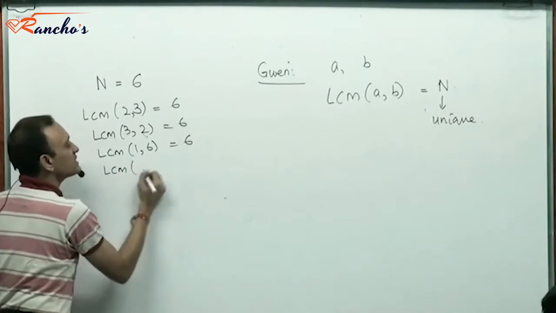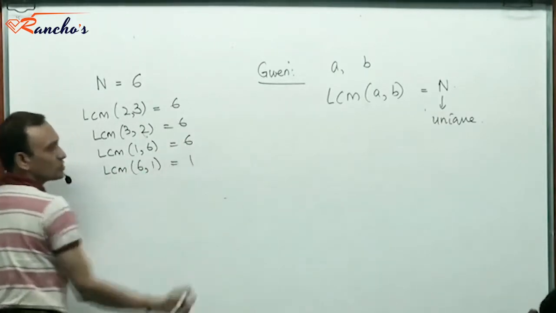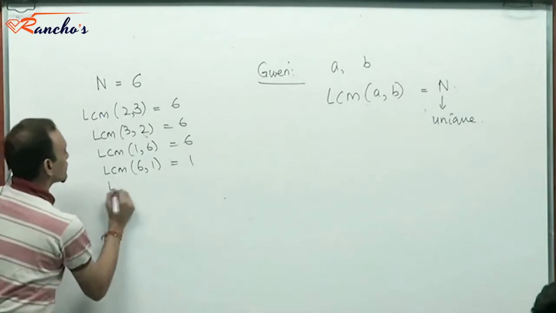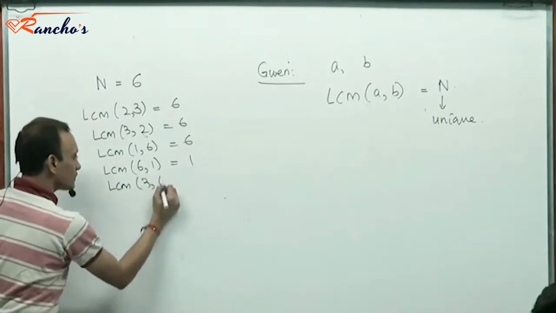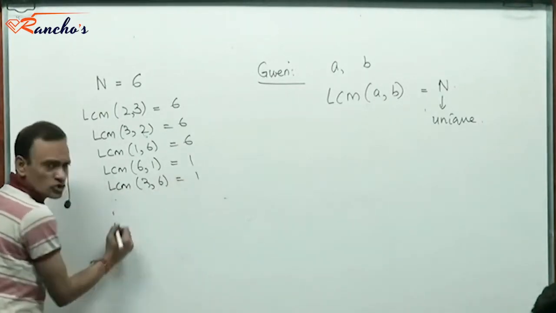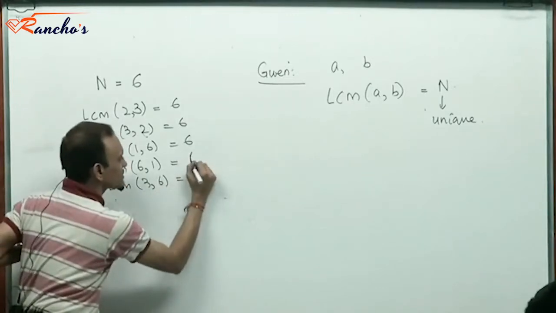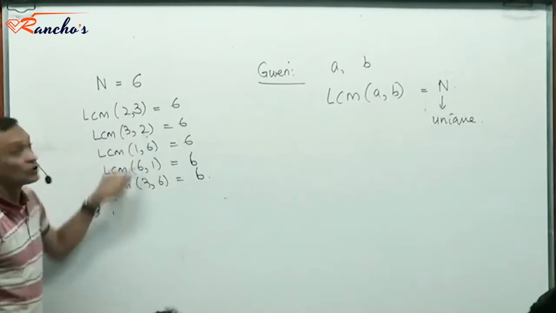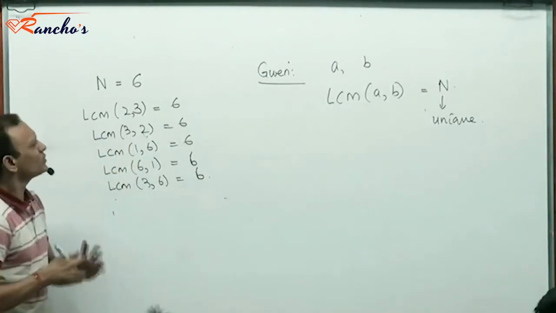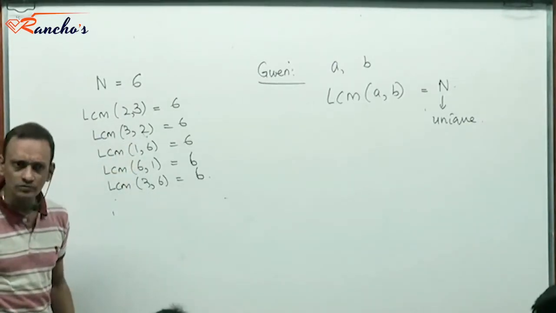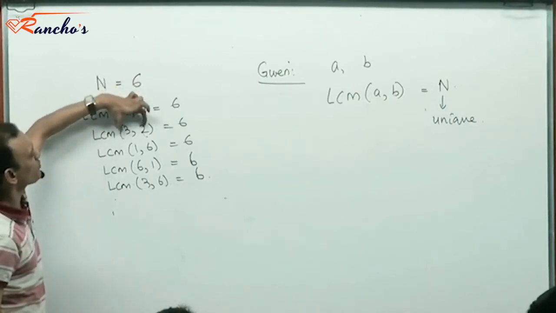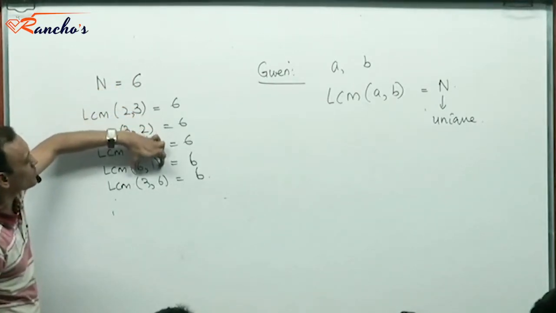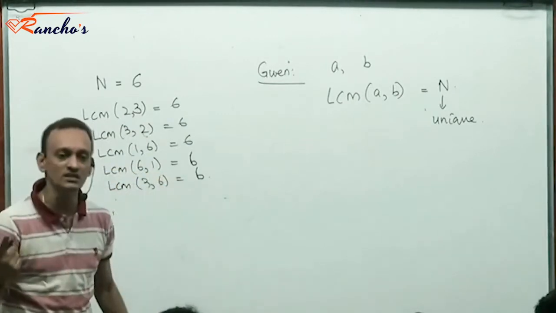LCM of 6 and 1 is 6. LCM of 3 and 6 is 6, and so on. So the pair a, b is not unique. And to begin with, when we carry out this count, we will look upon 2, 3 as different from 3, 2, and 1, 6 different from 6, 1, and 6, 3 different from 3, 6, and so on.